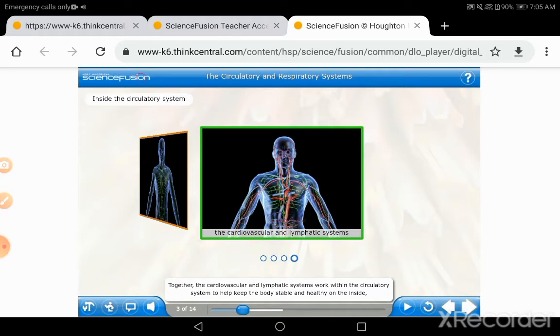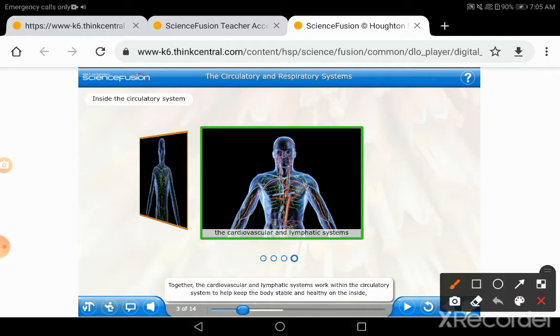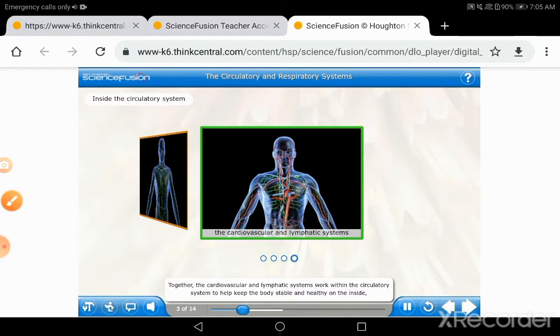So this is very important. What is the function of the circulatory system in general? To help the body stay stable and healthy inside, no matter what happens on the outside. Okay?